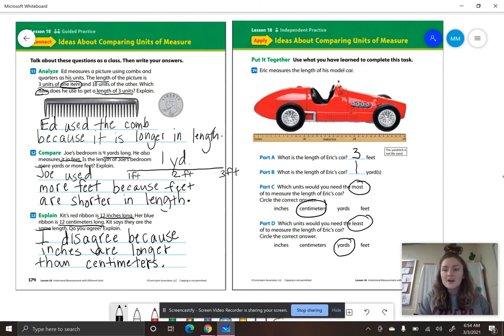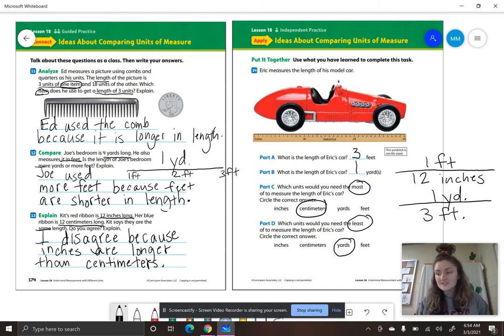Because we know that in 1 foot, there are 12 inches. We know that in 1 yard, there are 3 feet. And remember, centimeters, there are about 30 centimeters in a foot.